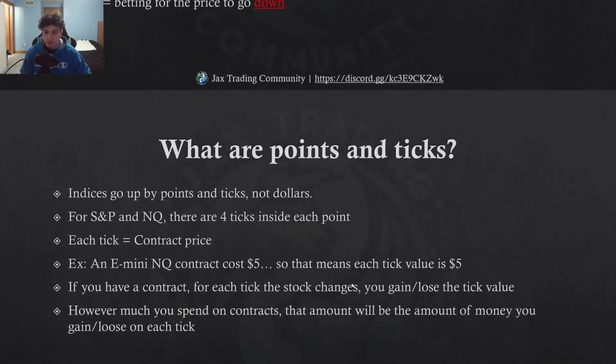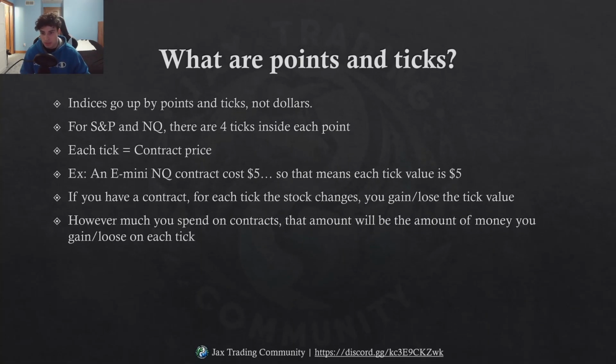Going on to this next slide, what are points and ticks? Instead of dollar values, these stocks are priced by what are called points. For example, for the S&P 500 and NASDAQ 100, which is ES and NQ, which is what I trade, there are 4 ticks inside of each point. The easiest way to explain this is that a contract price is equal to a tick value.